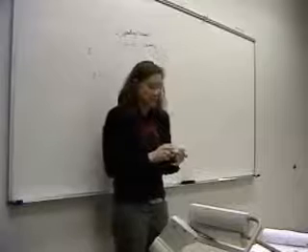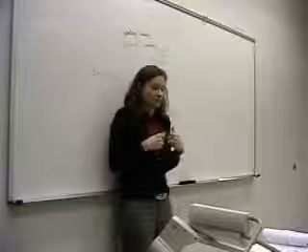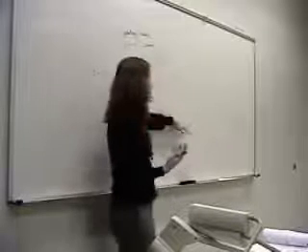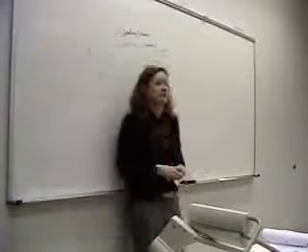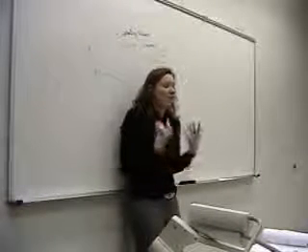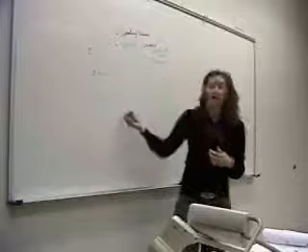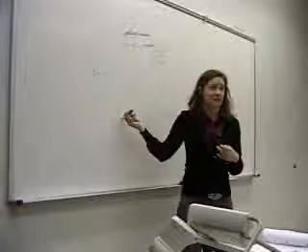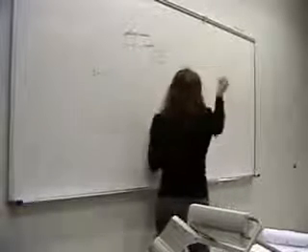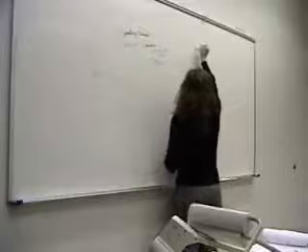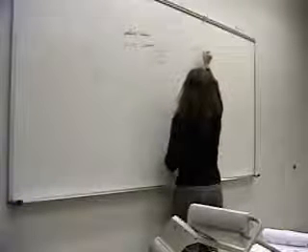Actual fixed overhead, well, what do we compare that with to see if we spent too much on it? Well, since this should be fixed no matter what the quantity is, we're actually going to compare that to budgeted fixed overhead.